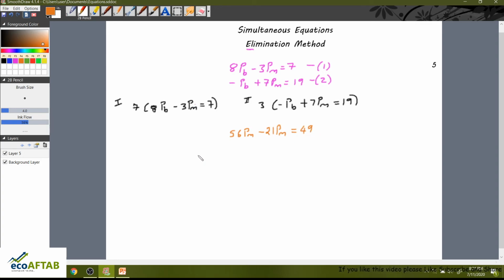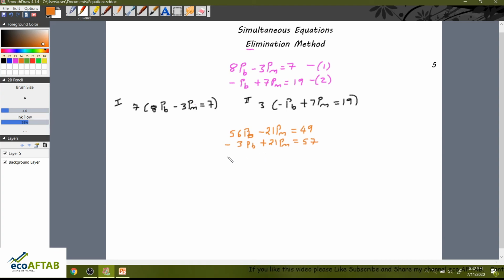The next equation, 3 multiplied by minus PB, so this becomes minus 3PB plus 3 multiplied by 7 is 21PM, and 3 multiplied by 19, we get it as 57.